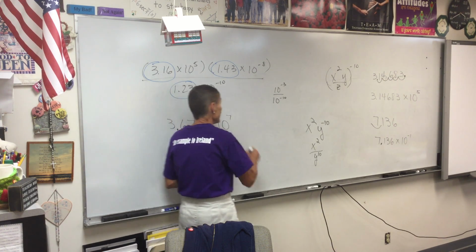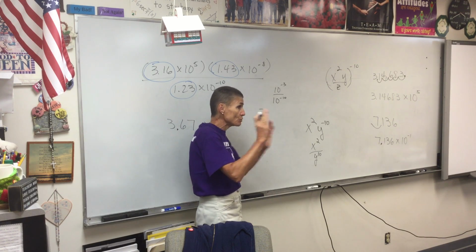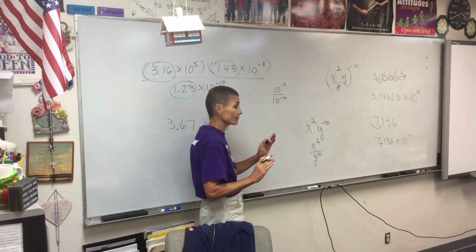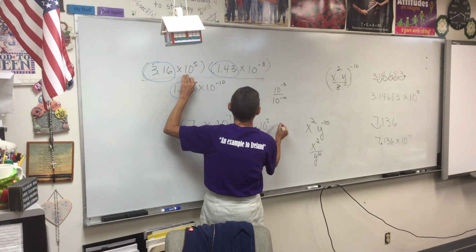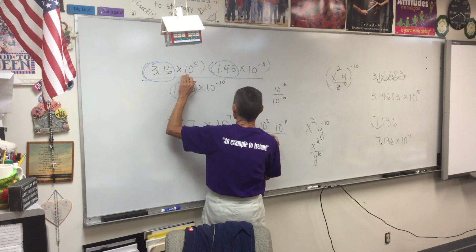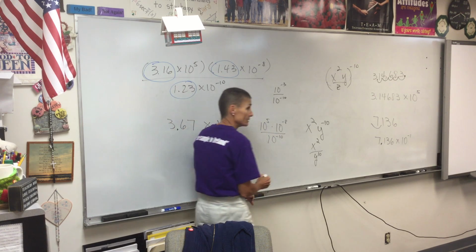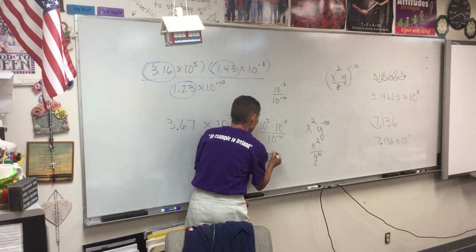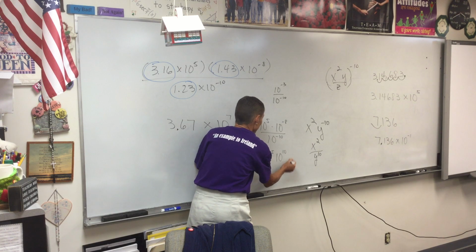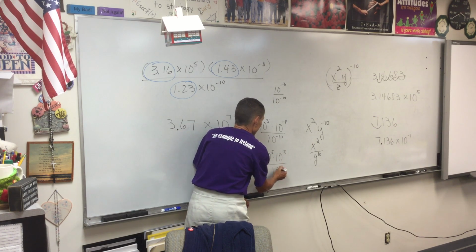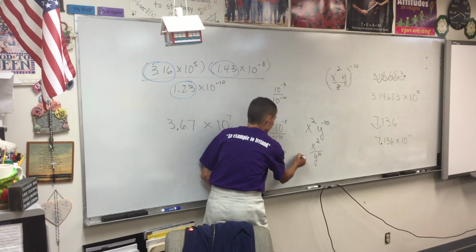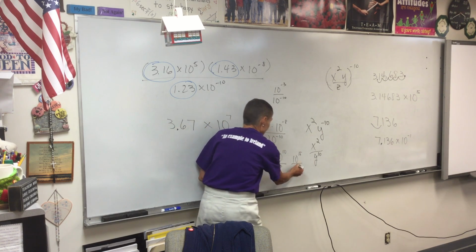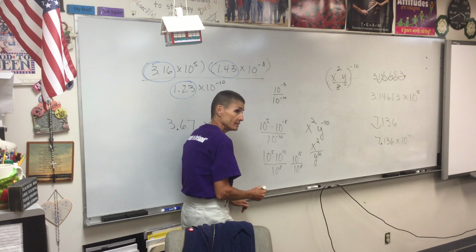Positive 7. Now, if that's confusing to you, in the beginning, we had 10 to the 5th, 10 to the negative 8th, and 10 to the negative 10. If you move the ones with negative exponents, you have 10 to the 15th on the top and 10 to the 8th on the bottom.